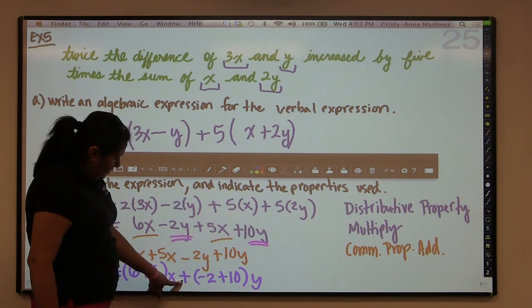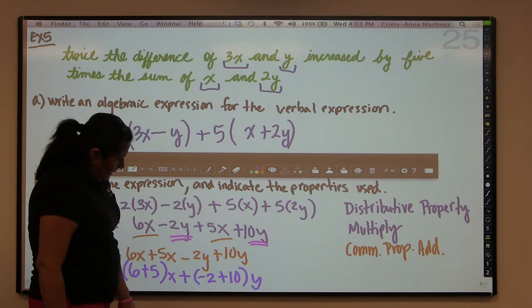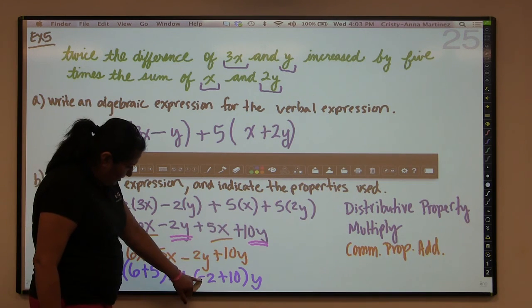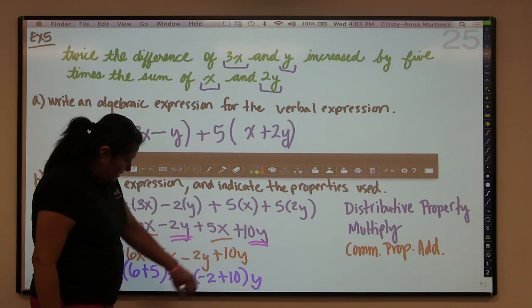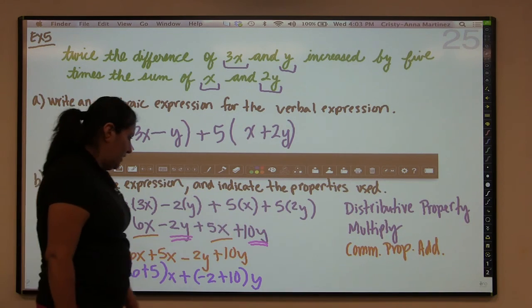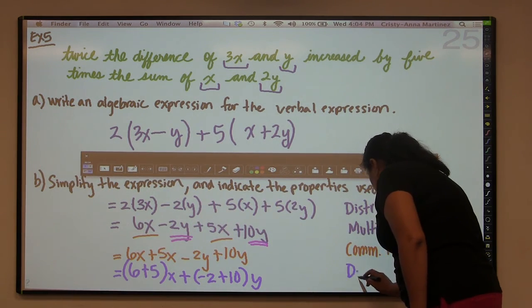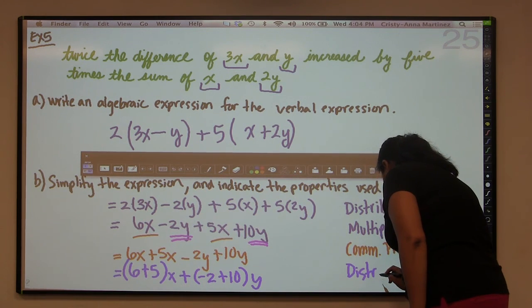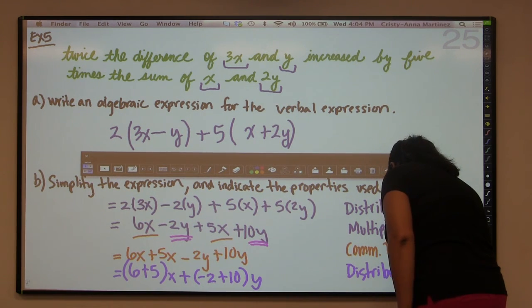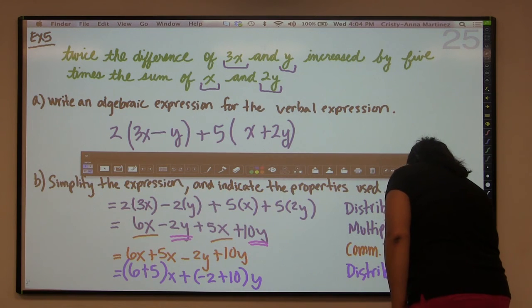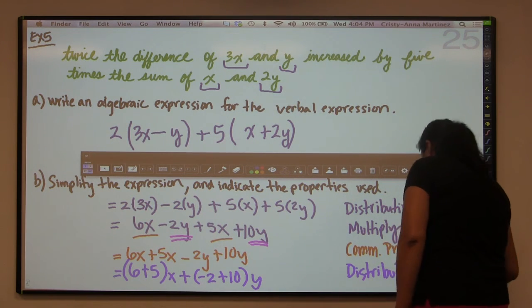So I put a plus here because I put the negative in there. So right here we're going to add the coefficients of the y, so negative 2 and the 10, and then the y over there. So this is going to be the distributive property again. And I kind of ran out of room, and I'm sorry about that.